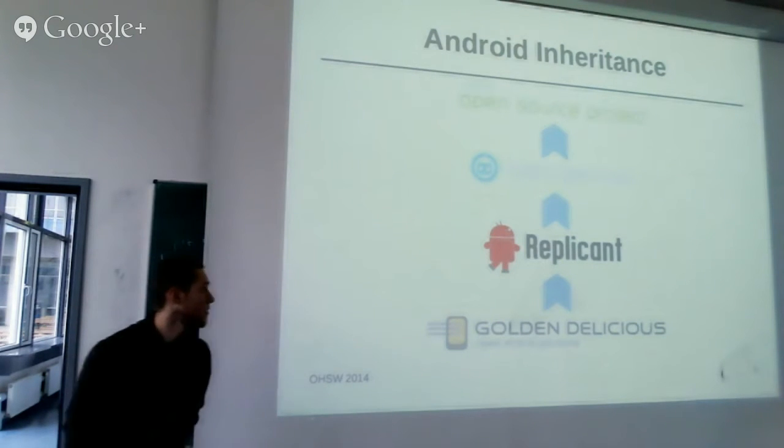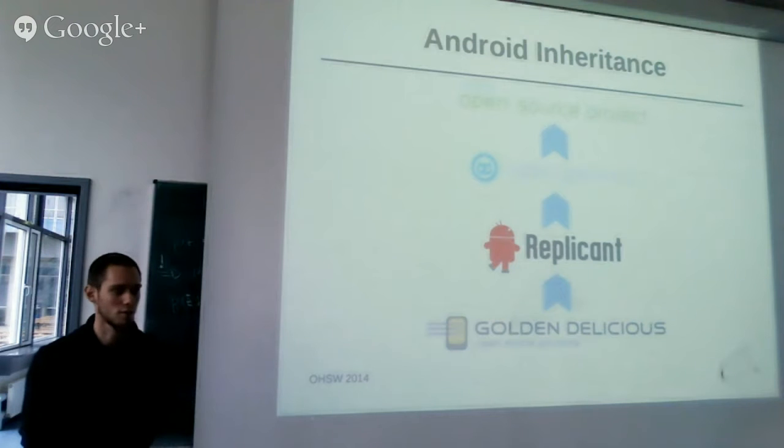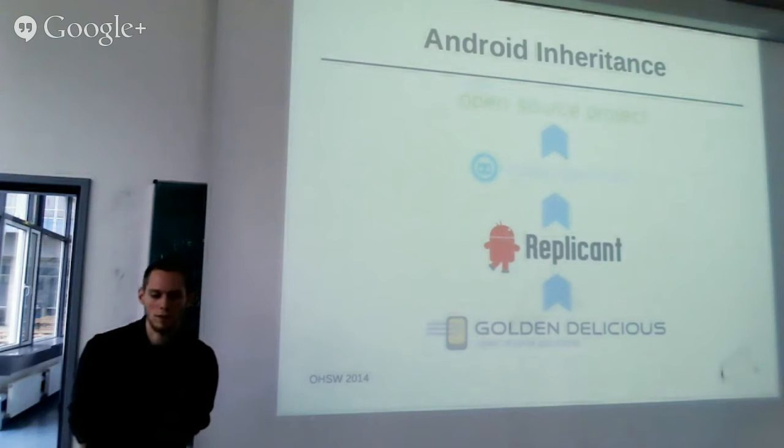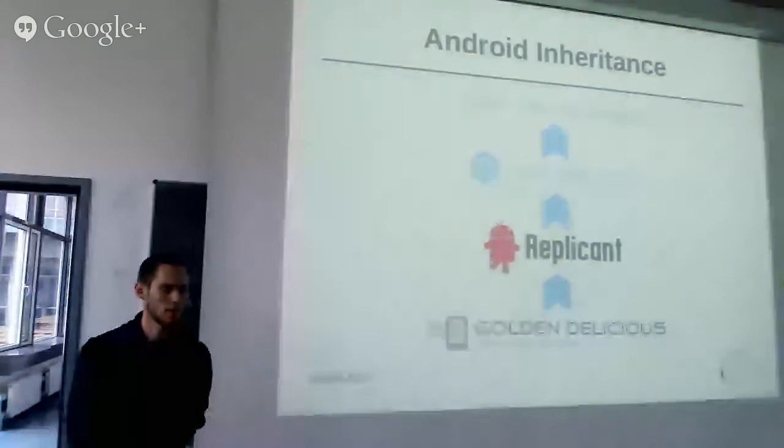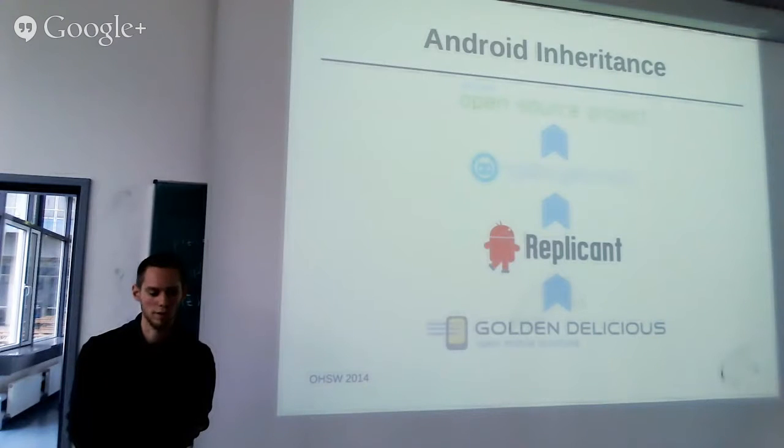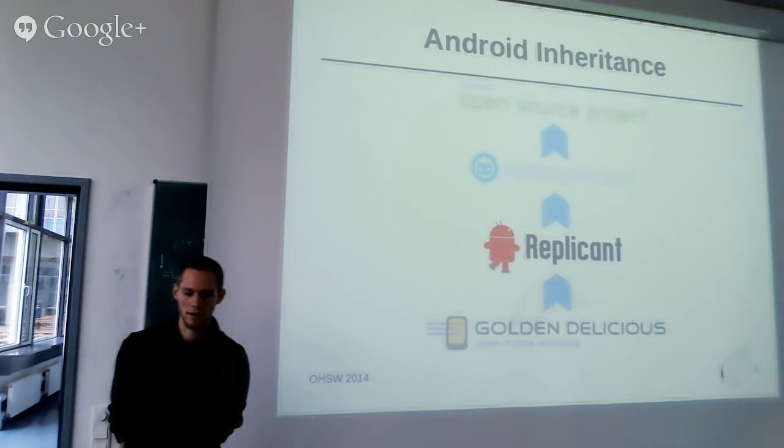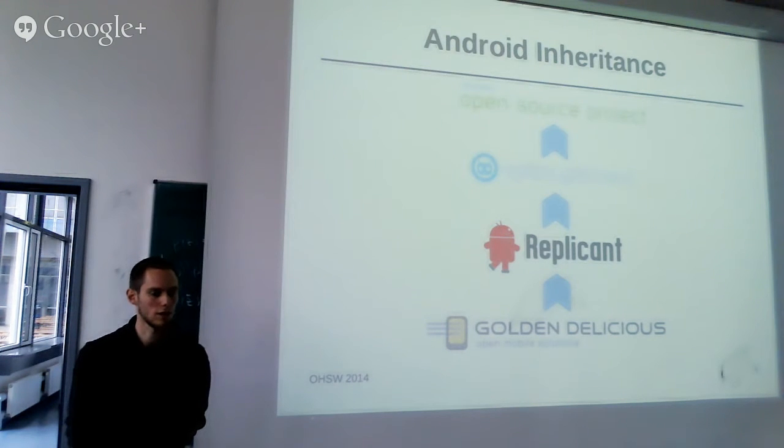Then there is the CyanogenMod Android distribution, which you probably have heard of already. CyanogenMod grabs the source code from the Android Open Source Project and tries to add as many drivers as possible. They have, I think, 40 to 50 devices from the big vendors, from Samsung, from HTC, and they take the kernels which are released by the vendors and put them all together into one project.